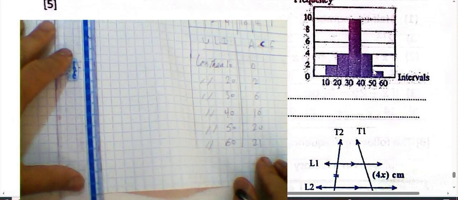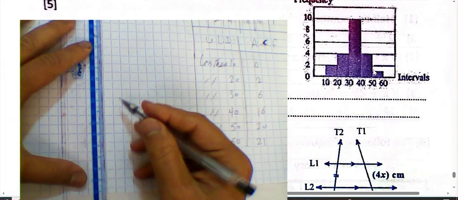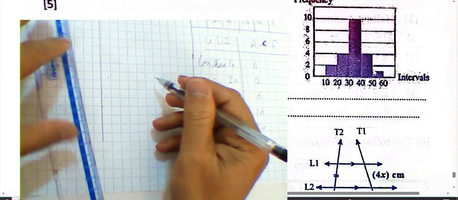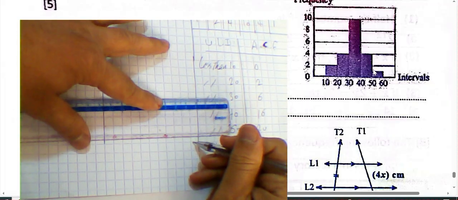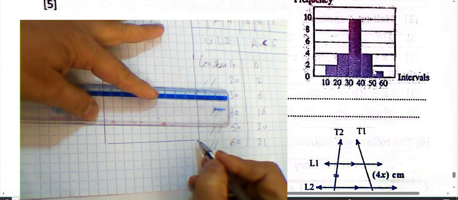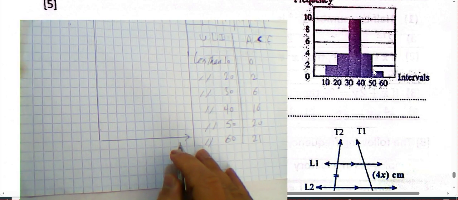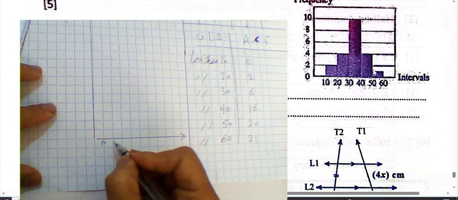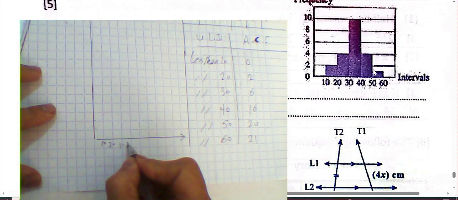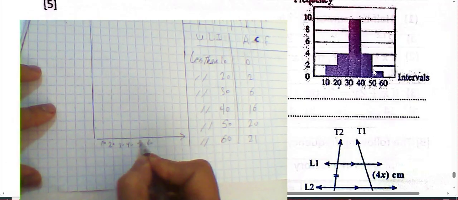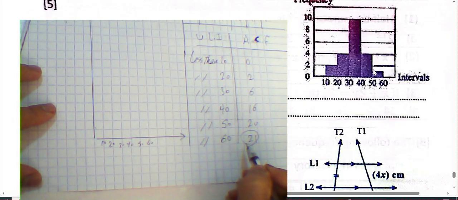Now I will draw the curve for this information to find the median. Do you remember the steps? Draw the horizontal x-axis and y-axis. First set here from 10 to 20 to 30, 40, 50, 60, and the greatest number here was 21.